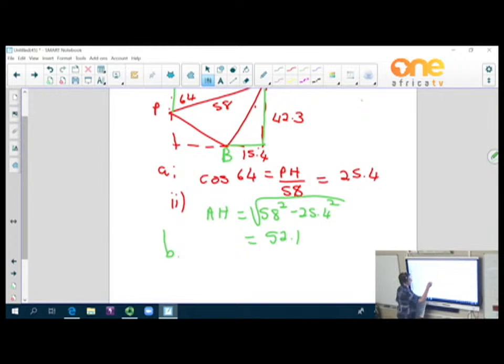So we work in this right angle triangle. We're going to use tan there. So tan A is then equal to 15.4 over 42.3. And it's an angle that you want, so it will be second function tan A is equal to 20 degrees.